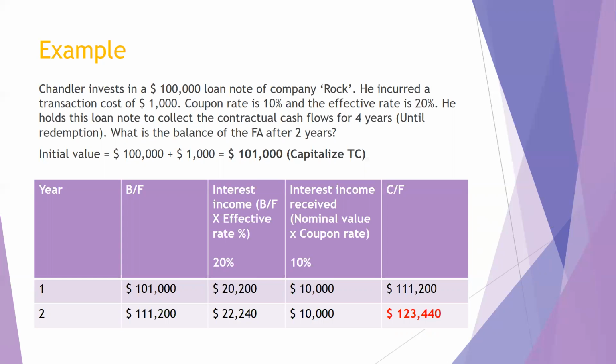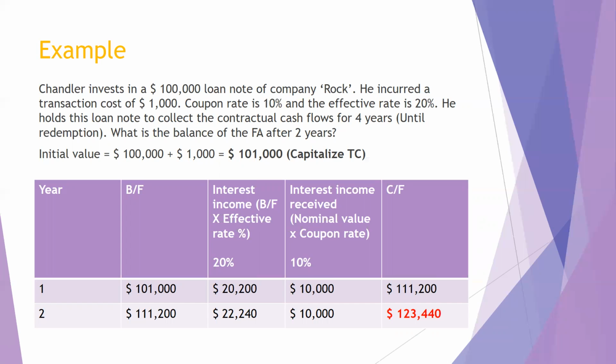So what subsequent measurement model have they used? Since Chandler is holding the loan note up until redemption in order to collect the contractual cash flows, you have to use the amortized cost model. In the amortized cost model, what do you need to do with the transaction cost?